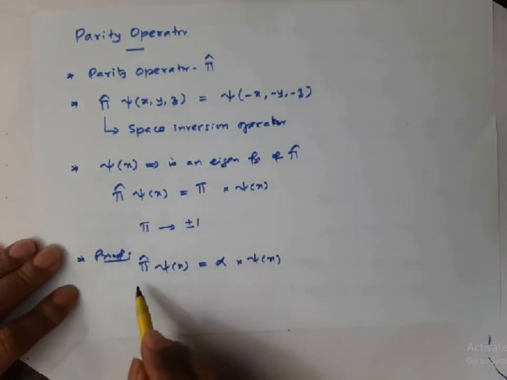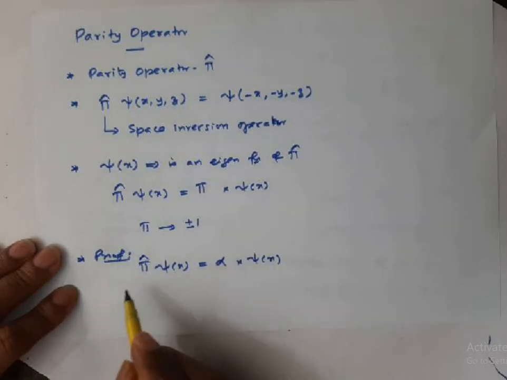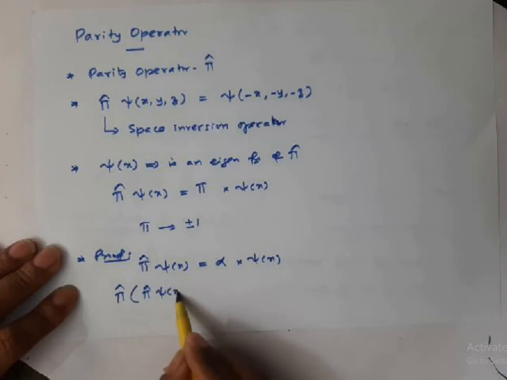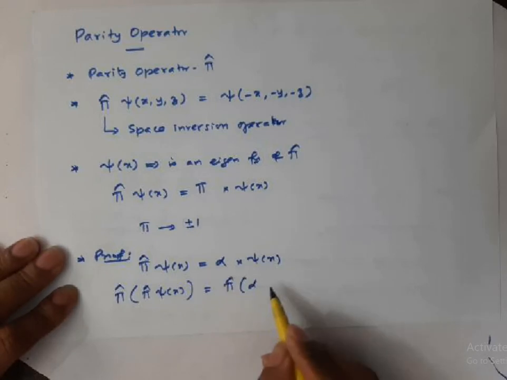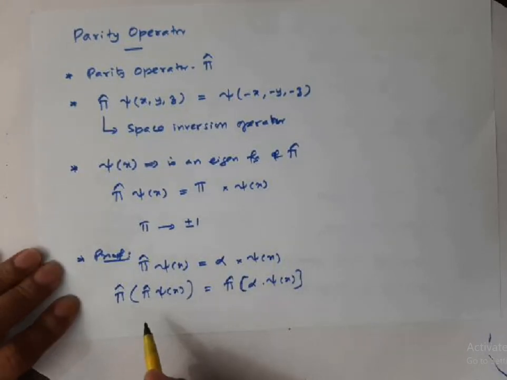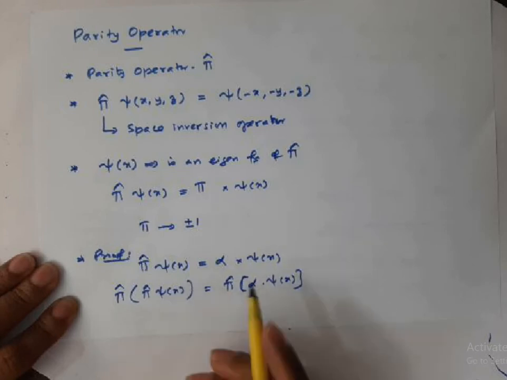Now I will apply another parity operator on both sides. The parity operator acting on alpha times the function psi of x. When you apply the parity operator to a function, it changes the sign of the coordinates. If I apply another parity operator again, you will get the original function.